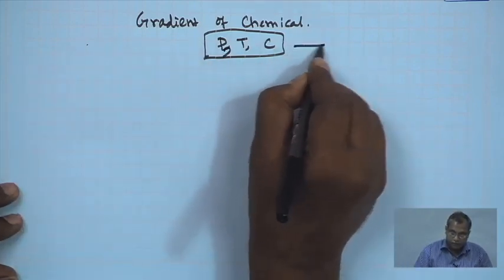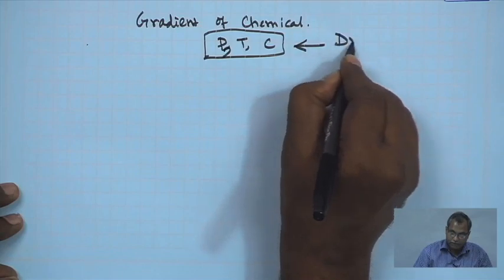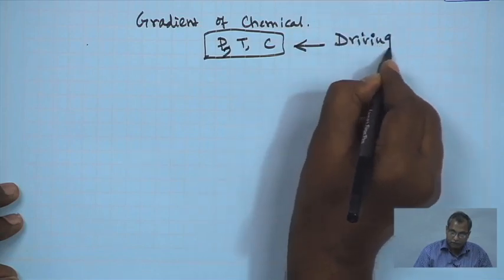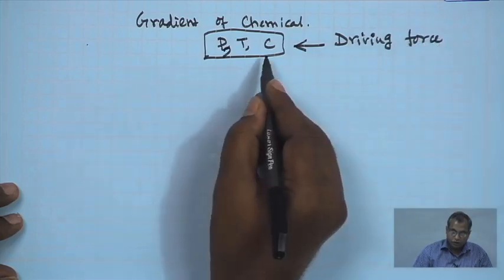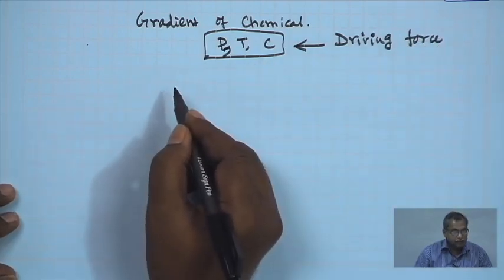A change in any of these will cause the flux of the solute. In membrane based processes, the driving forces may be interdependent. So, a gradient of any of these, or many, or all of these, will cause a flux of the solute through the membrane.